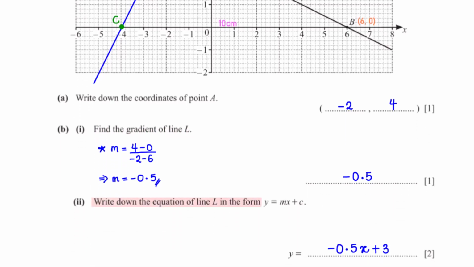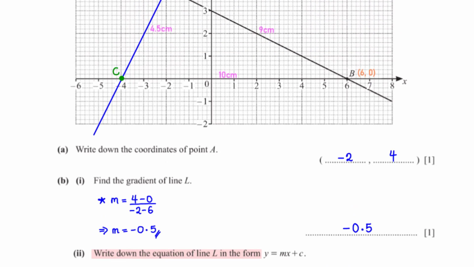Write down the equation of line L in the form y equals mx plus c. All we need to do is find the values of m and c and plug these values into y equals mx plus c. We've already found the value of m in the previous question to be -0.5.